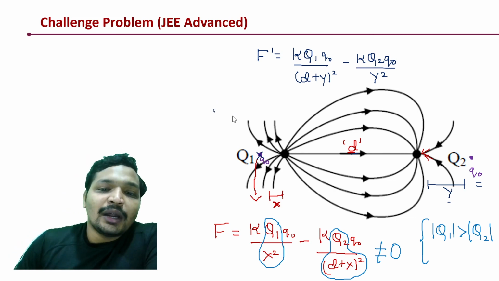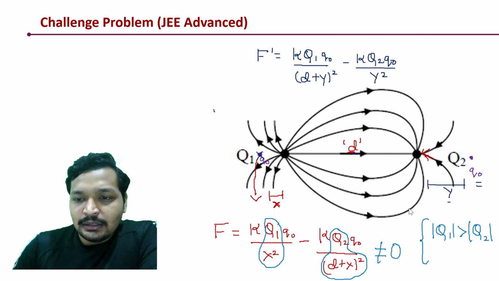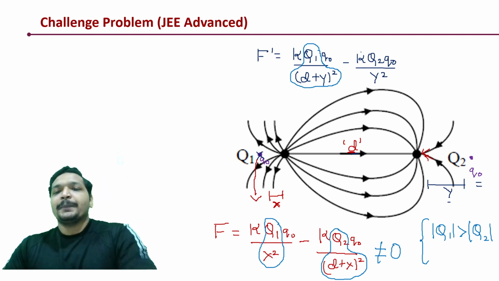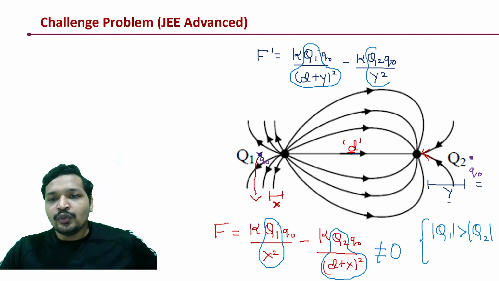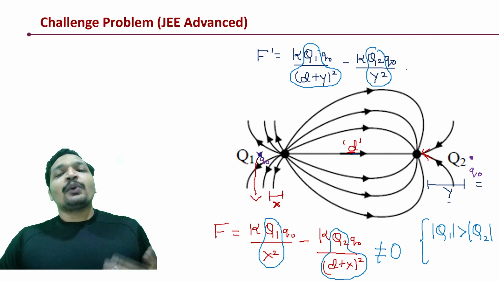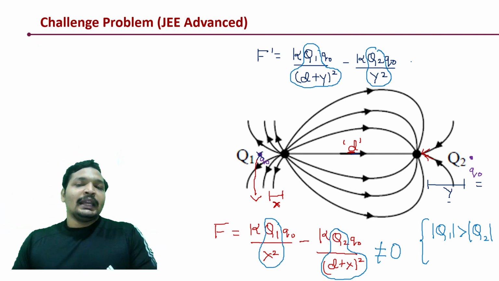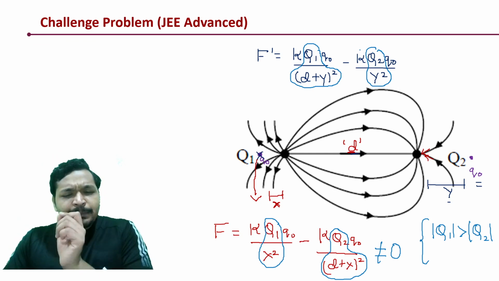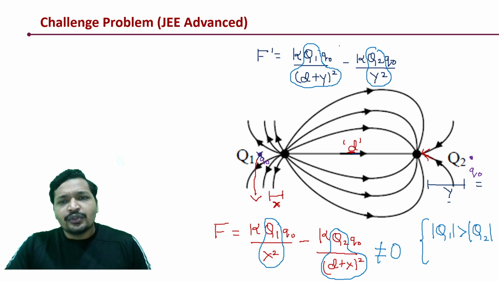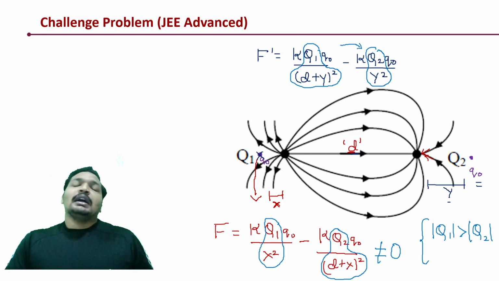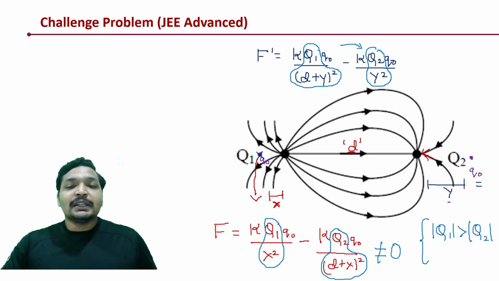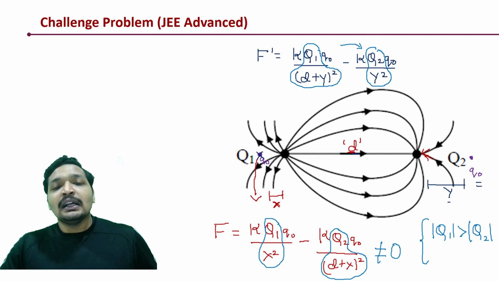So if we are going to analyze this case, this is q1 divided by d plus y whole square, and this is q2 divided by y square. K into q0 is common, right? It is quite possible that at some point very close to q2, your value of q2 by y square is greater than that of q1 by d plus y whole square, because here you are dividing by a smaller value and there by a larger value.